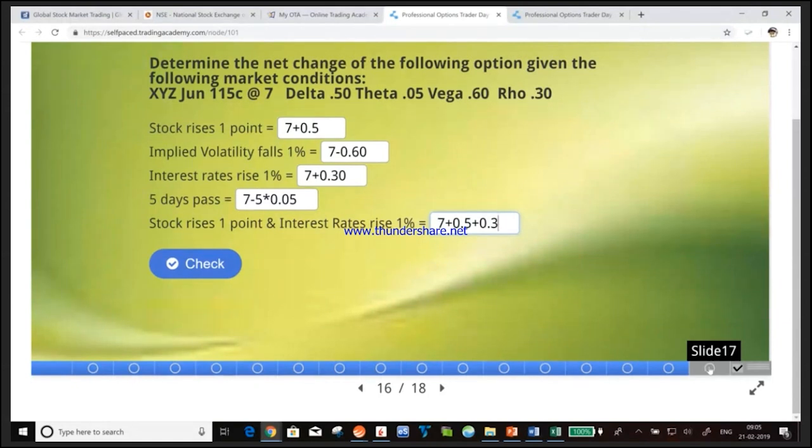They will automatically start reducing. And once delta becomes 1, it will simply keep on increasing the intrinsic value. Correct, Suresh. As day passes, irrespective of whatever the price of the option is, it will reduce every day by the value of theta.